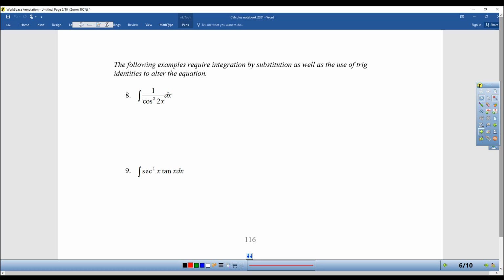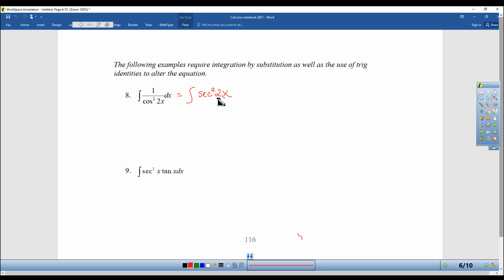Okay, the following examples require integration by substitution as well as the use of trig identities to alter the equation. So these are getting very, very complicated. So the first step is I'm going to use a trig identity to alter it because there's no quotient rule. So I'm going to change it to secant squared 2x.